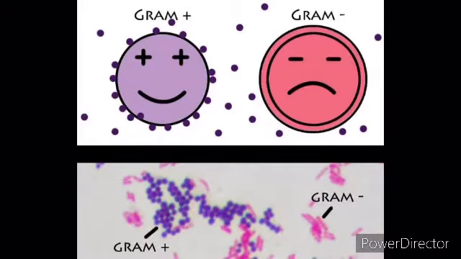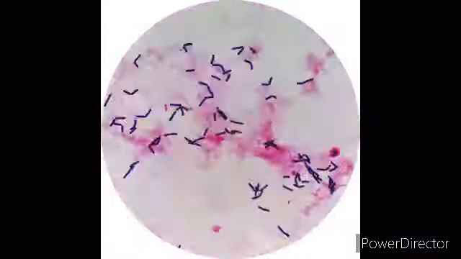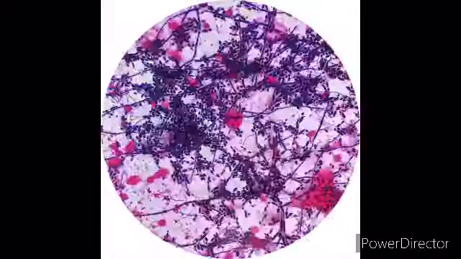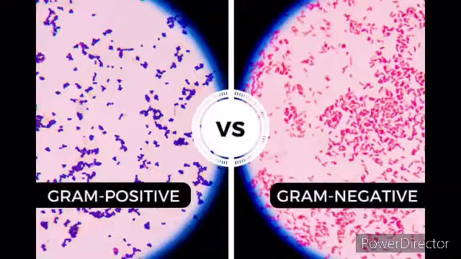They find out whether they do or not using a technique called gram stain. After a bacterium is stained, if it appears dark purple, that means it has an extra amount of peptidoglycan, and this is called gram-positive. The opposite, if it appears pink, means it has less peptidoglycan and it's gram-negative.